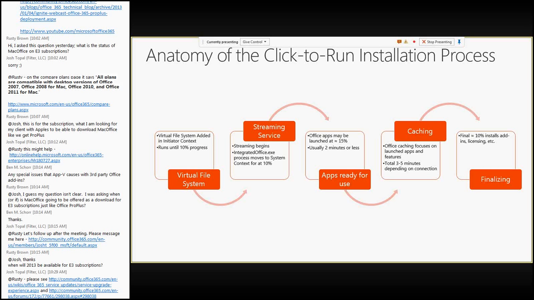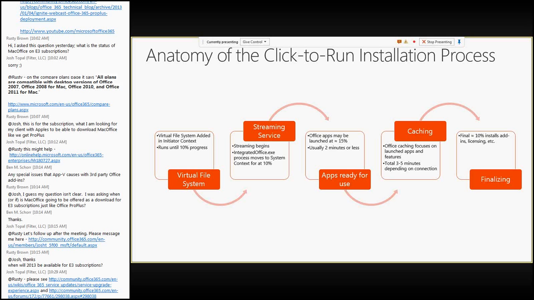So in that case, it would mean probably in your Active Directory environments to let machine objects talk to wherever that distribution point is for Office, wherever it's being kept. Or there are some other workarounds, and I'll show you that in a second with MDT. If you want to copy the install source to the local disk, stream from a local disk, then it ensures that the system can reach the install source and install from there.